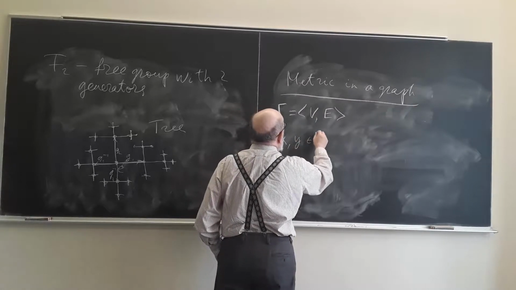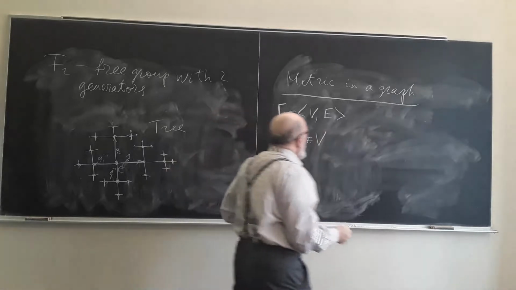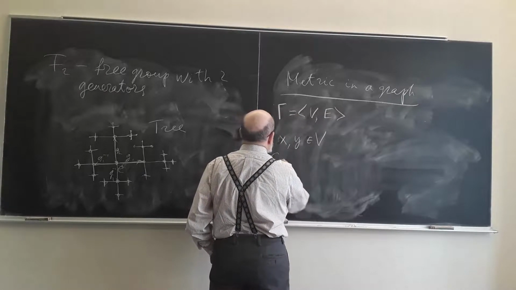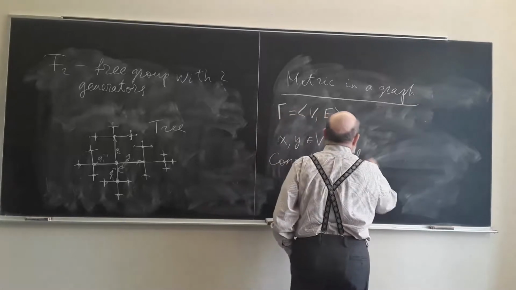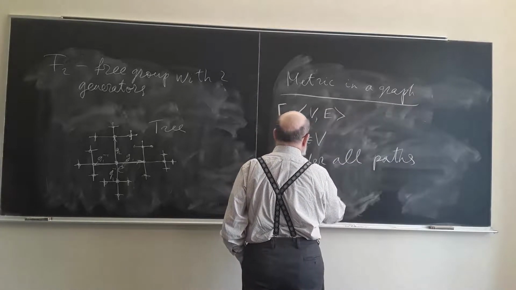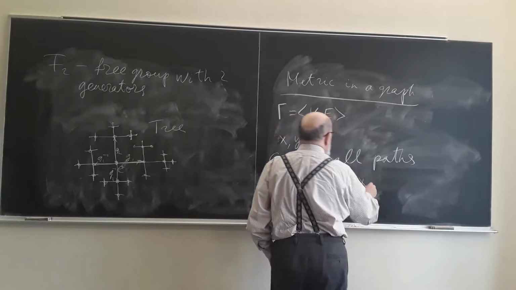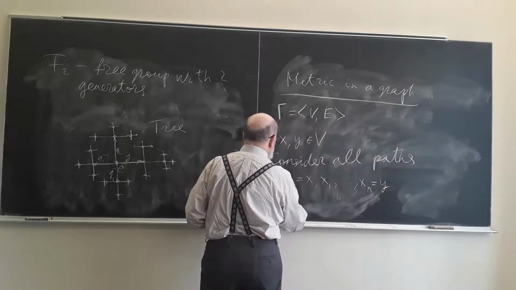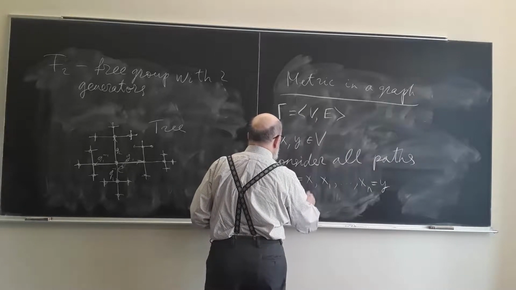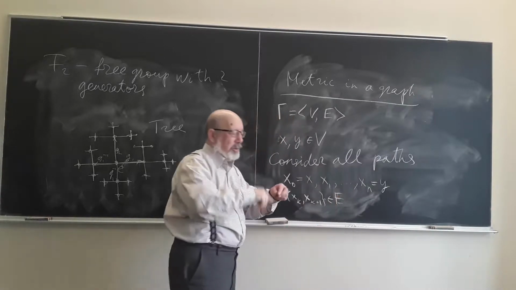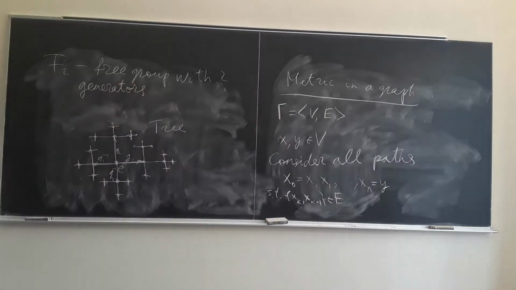So we have x and y, elements of V, two vertices, and we consider all the paths x0 equals x, x1, and so on, xn equals y, such that the pair (xk, xk+1) is in E. So every time we go from one vertex to another vertex, they are connected by an edge.